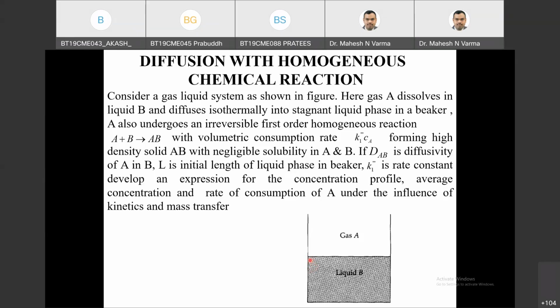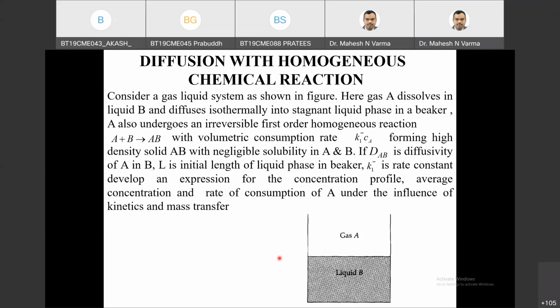If you move from the center, you will see constant concentration. But near the wall, certainly there will be variation in concentration of CA. So there is a variation in concentration with respect to R, but it is just near the wall. Hence, I'm neglecting that. What is the reasoning behind that? End effects are neglected. So, roll number 45, Prabodh, what will be the dimensions of the differential shell?